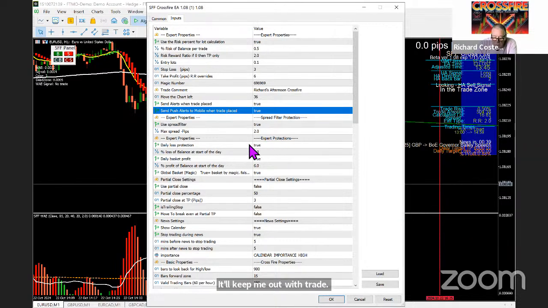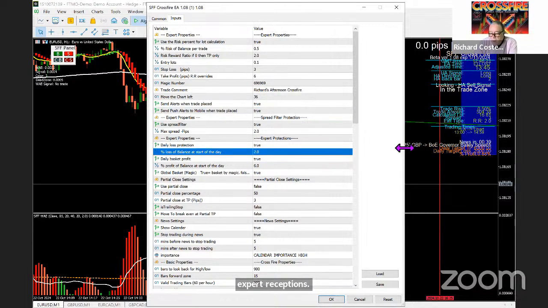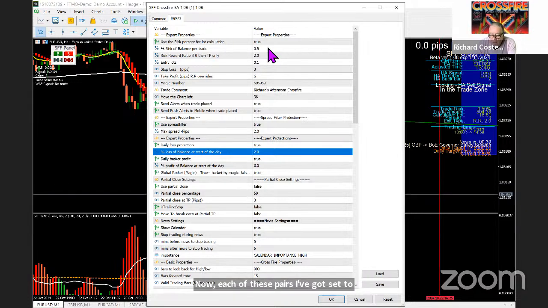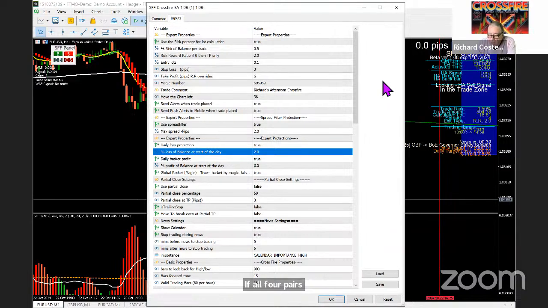Expert protections. Now, if you remember, on Crossfire we trade 4 pairs in the afternoon, and each of these pairs I've got set to risk 0.5%. If the trading assistant entered a trade in all 4 pairs, that would expose me to 4 times 0.5.